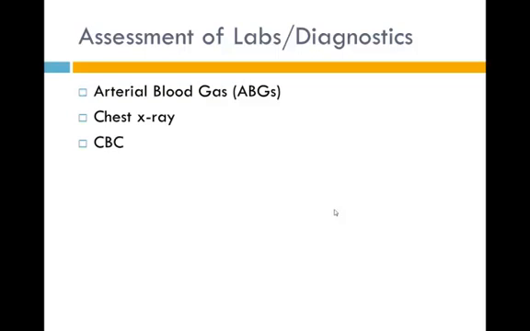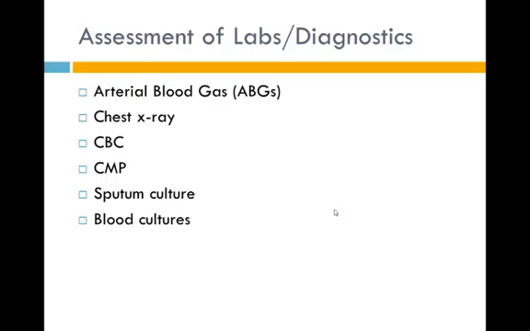Also, a complete blood count to determine a potential cause. For example, an elevated white blood cell count could indicate an infection like pneumonia. A comprehensive metabolic panel, otherwise known as CMP, to determine electrolyte imbalances and kidney function. Also, a sputum culture will assist in determining the underlying microorganism for antibiotic therapy, in particular if the patient has a productive cough.